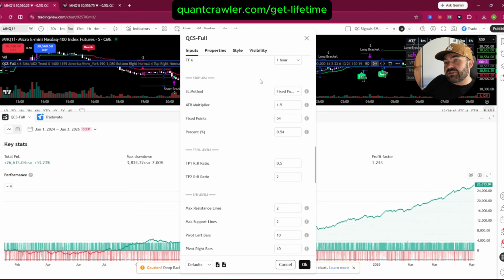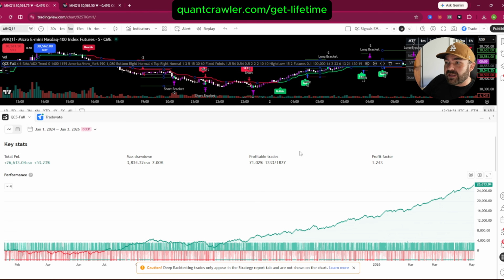The second strategy that I'm going to show you that I've optimized over here actually uses percentage. The reason for that is because if you keep fixed points through the life of every single strategy stretching over a number of years, as the price moves, those fixed points have different percentage correlation to the actual price.